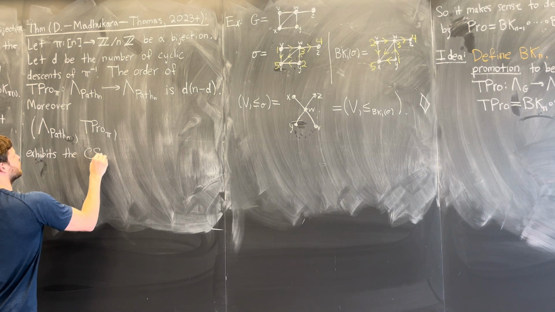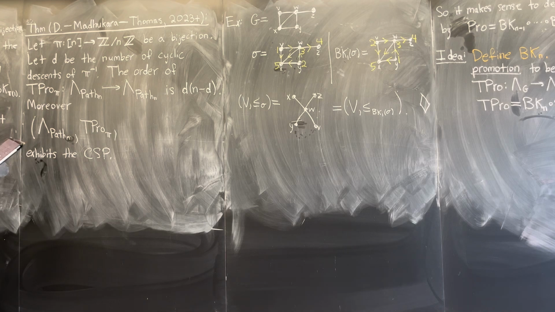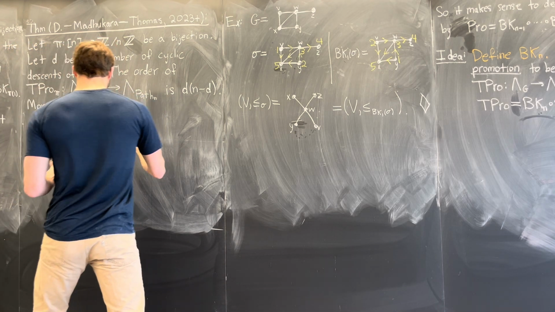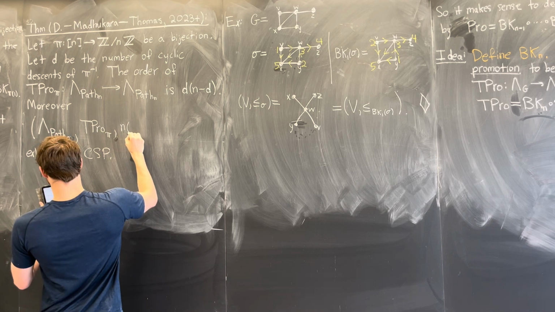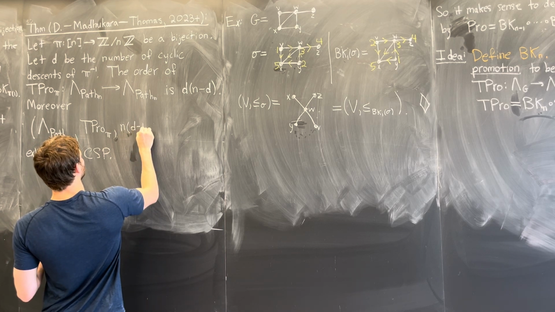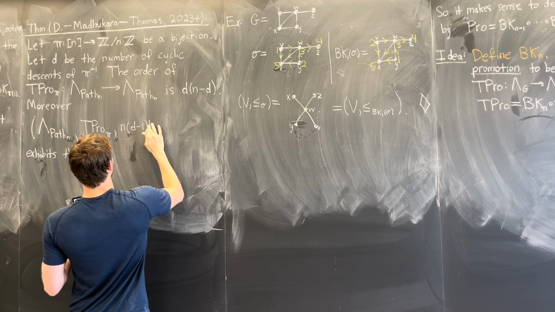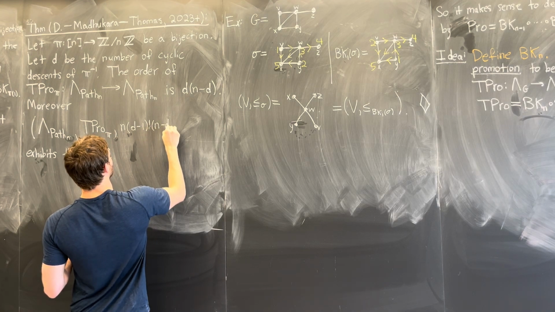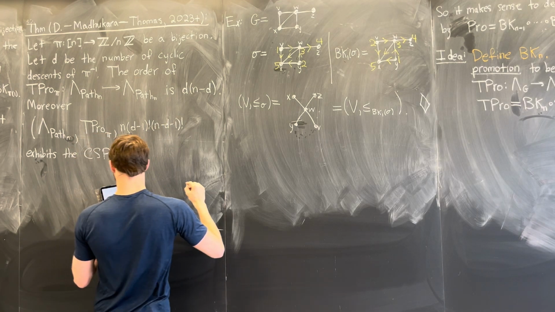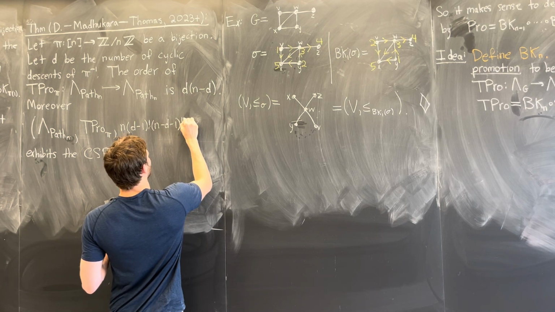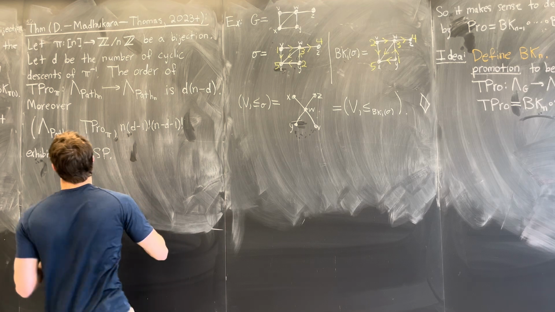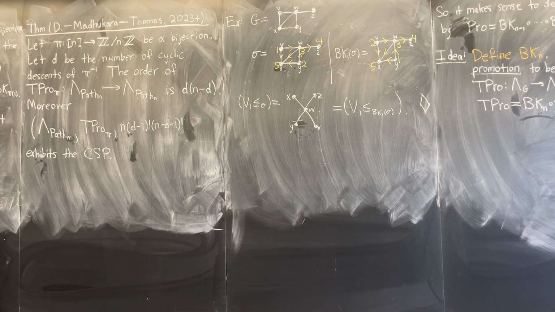I'll just say CSP, so cyclic sieving phenomenon. Okay, so the polynomial is n times d minus 1 factorial times n minus d minus 1 factorial times the q-analog. Well, okay. I hope I have enough room. Let me move things over. Sorry.